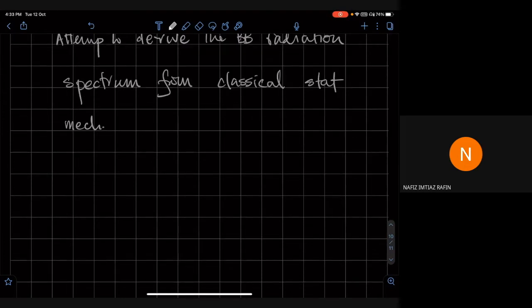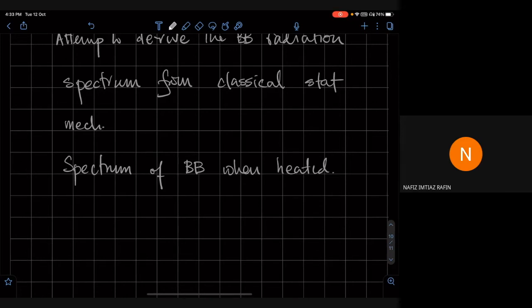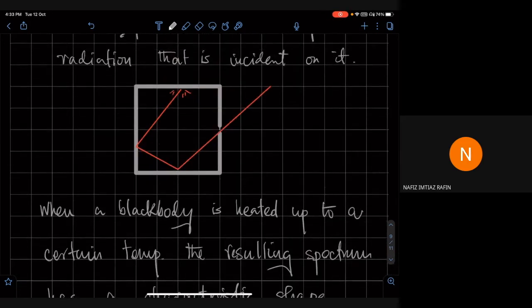First, I'm going to state without proof that you can show that the spectrum of a black body when heated up... So, when you heat up a black body, what happens is that that chamber that we saw fills up with radiation, right?